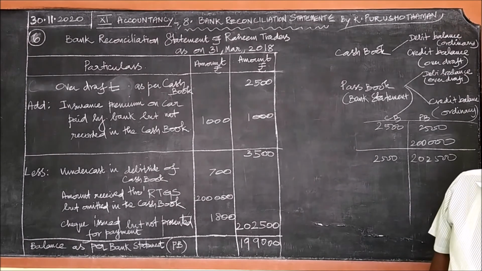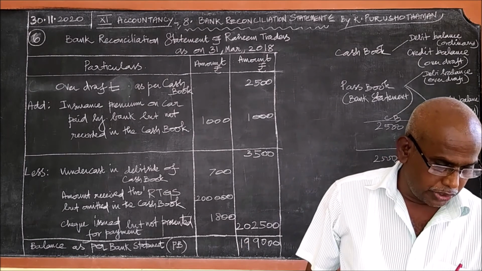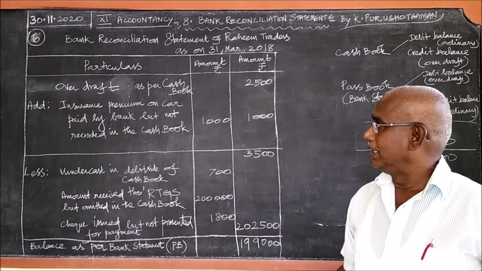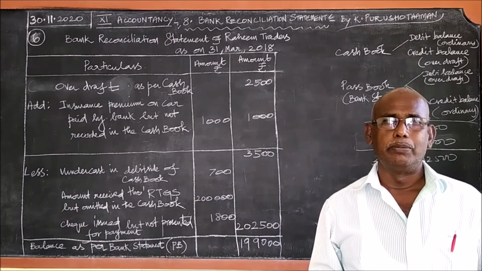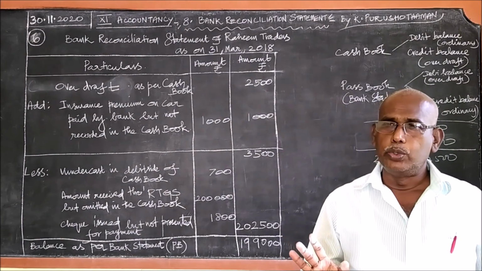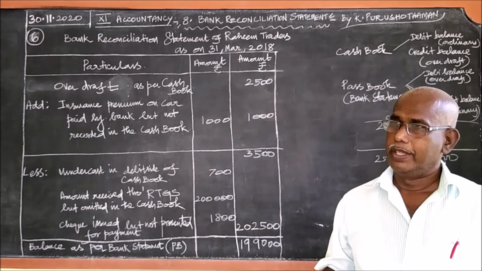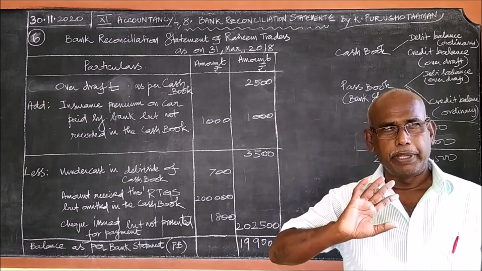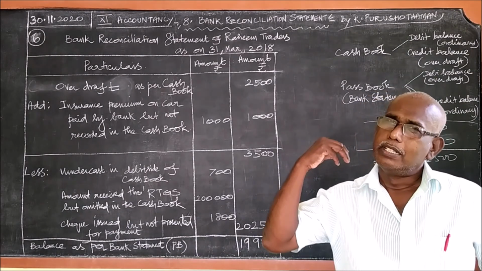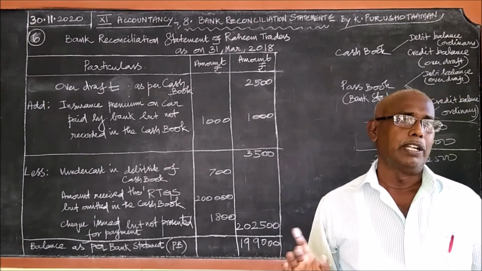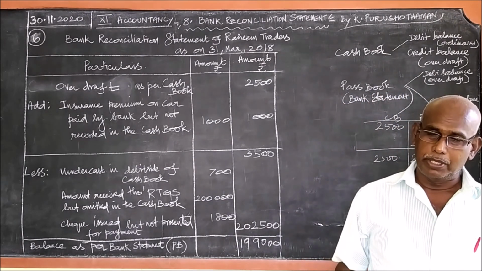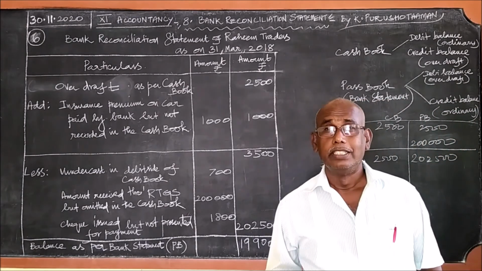Okay, we shall come to the point, that is D. 2 checks issued for 1,800 and 2,000. When finding the reason, what we should do is, checks presented we don't bother, checks issued we don't bother, checks paid into bank we don't bother. What we shall see: checks not issued, not presented, not credited.